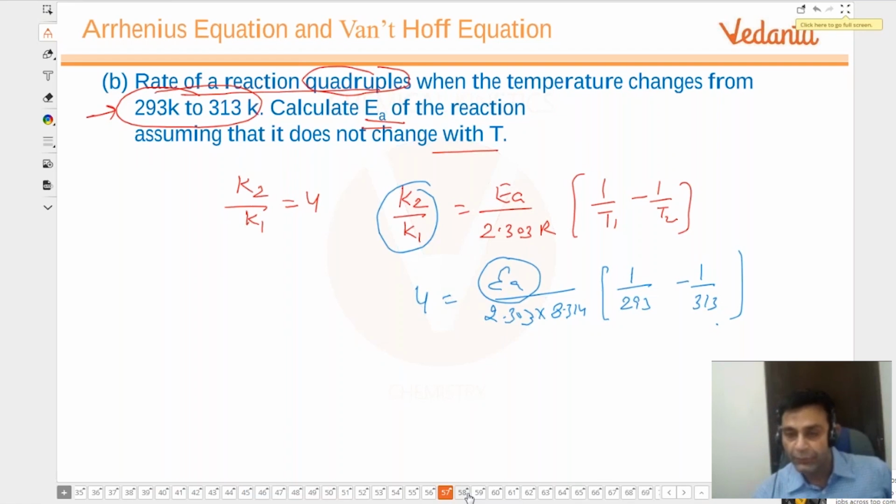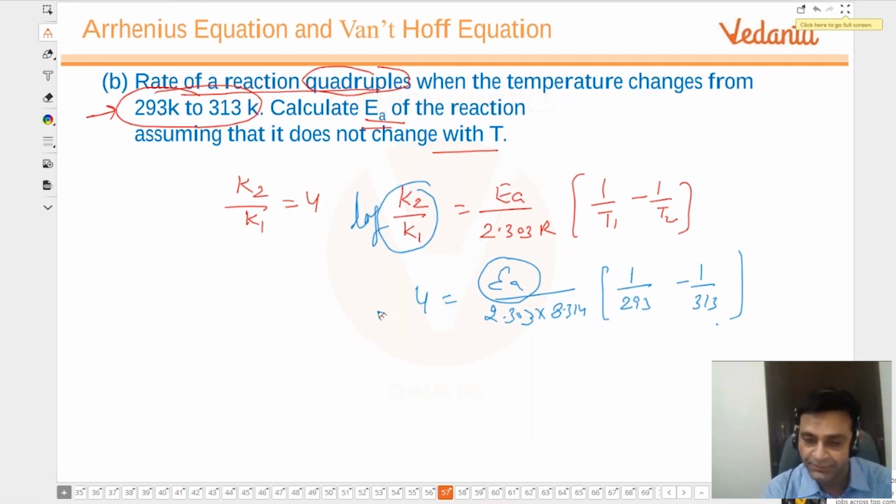Log value. Last time I think I discussed the log without log table. I discussed the log table calculation even without log table, right? Log of 4 is 0.6020. Okay, I should say logarithm.